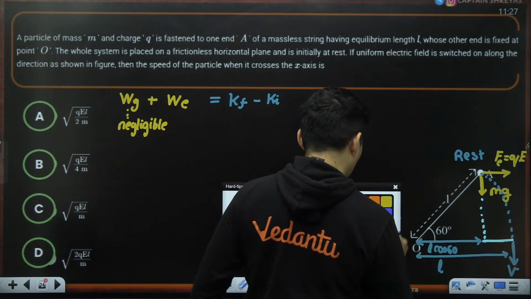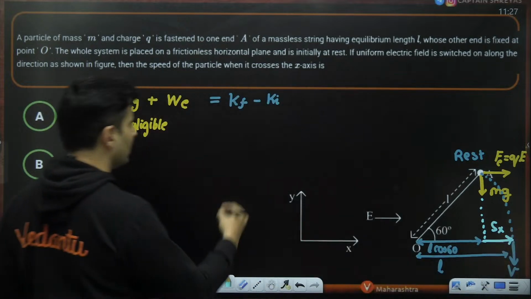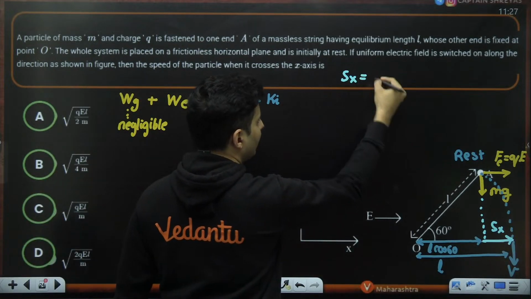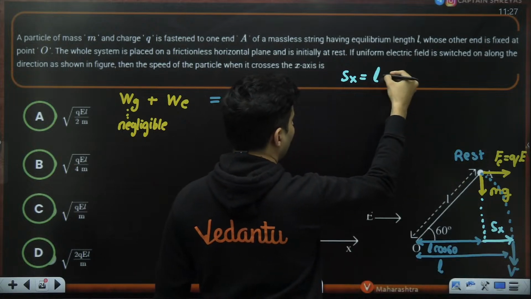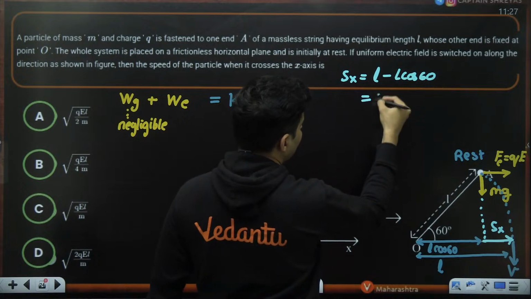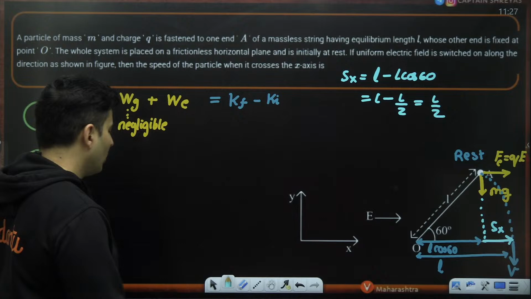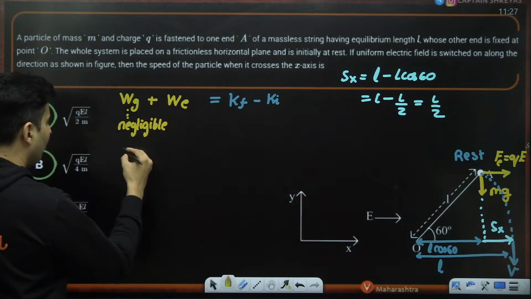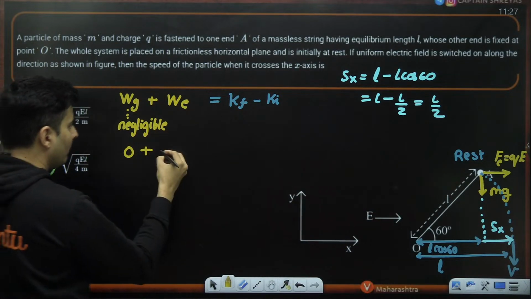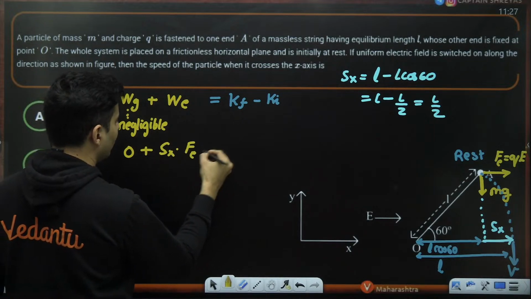So the displacement in the x direction will be the total L minus L cos 60, which is L minus L by 2, which is again L by 2. So therefore, I will get work done by gravity negligible, work done by electric force is the displacement in the x direction into that electric force.